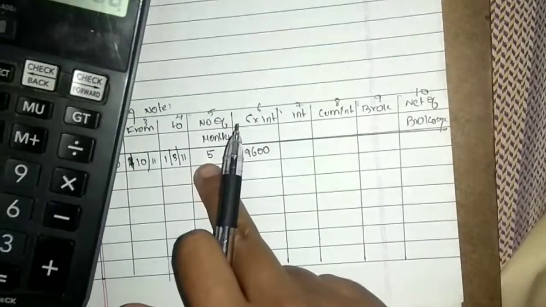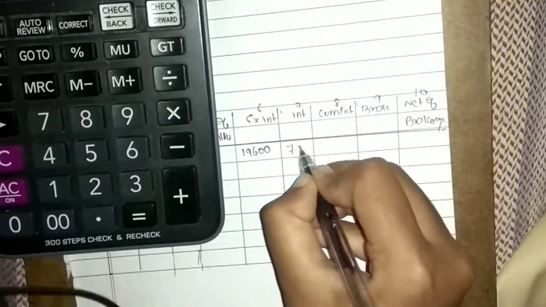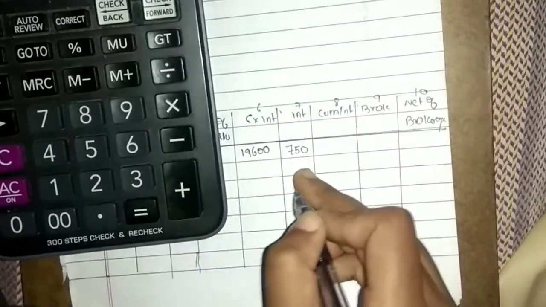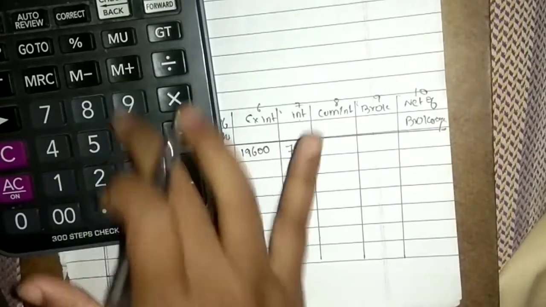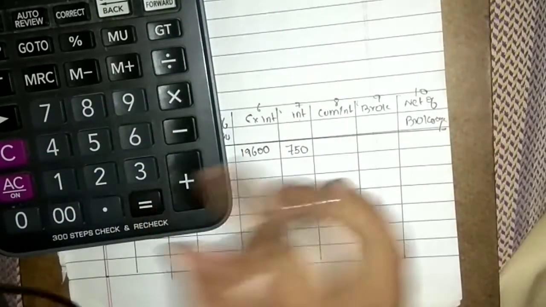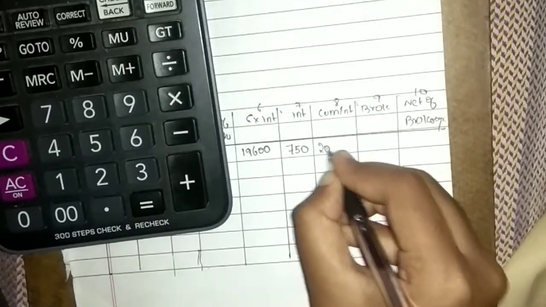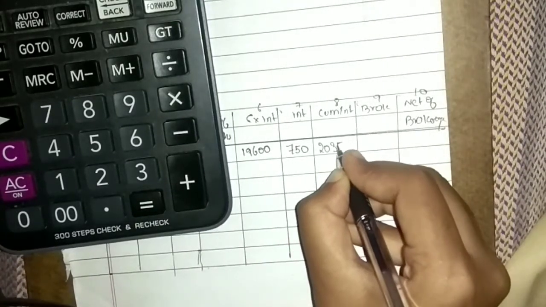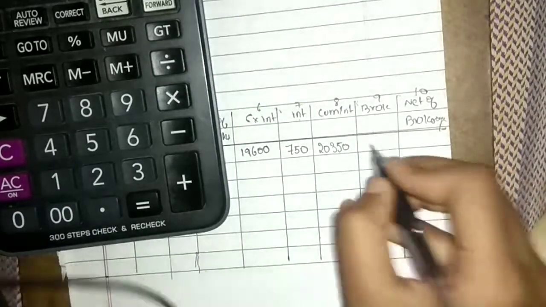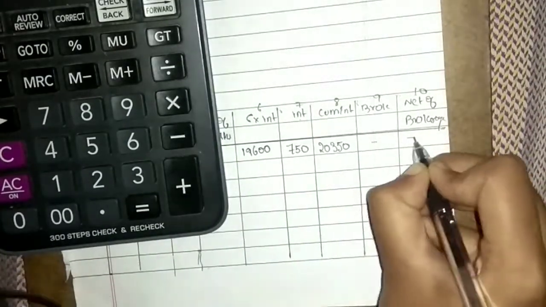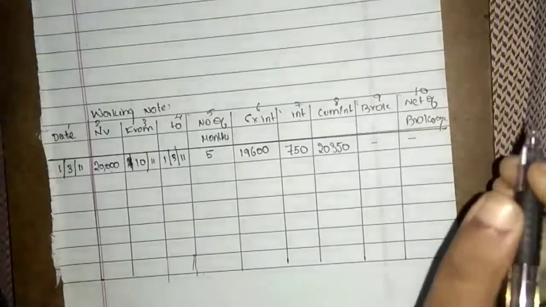How many months do you need interest? Interest is for 5 months. 5 divided by 12. So you will get interest as 750. Ex interest plus interest will give rise to cum interest. So 750 plus 19,600 will give you cum interest as 20,350. In this question they haven't given about brokerage, so we'll put a dash for that.